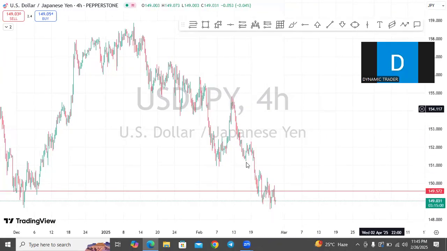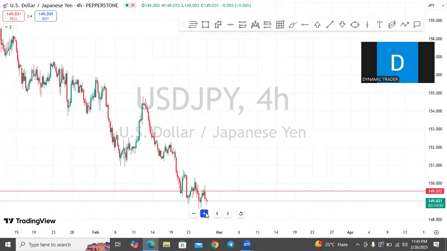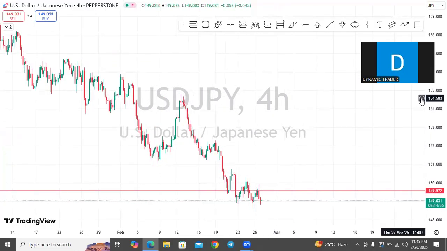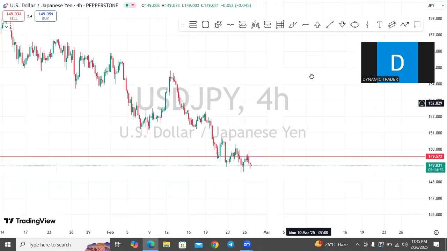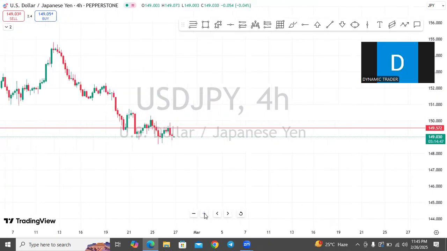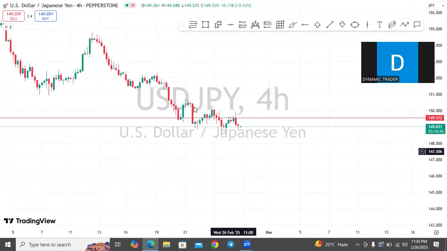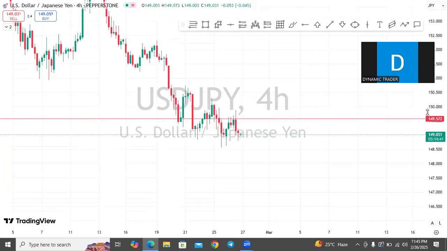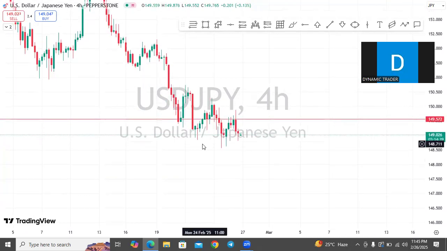So the market actually repeats the same thing over and over and over. It's just you having that clear eyes to see what is happening. So you can see what is going on at this line. We've actually broken below this line. Okay, we broke below the line, so you can see the full candle close.